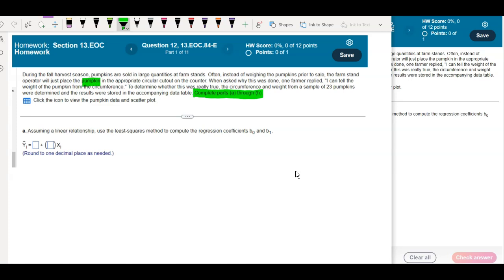So we want to determine whether this assumption is true or not. We collected 23 pumpkins, determined their weights, and we get the results over here. Then we're going to get the predictive equation and place it over here, right?